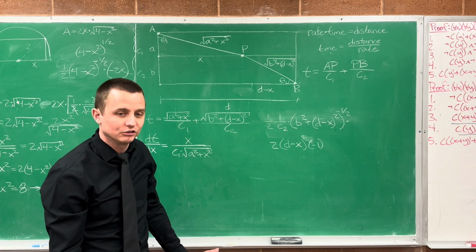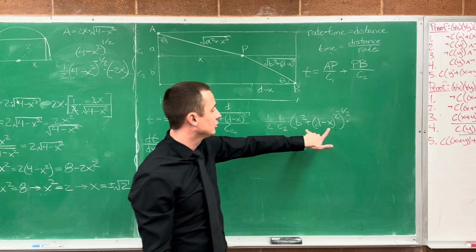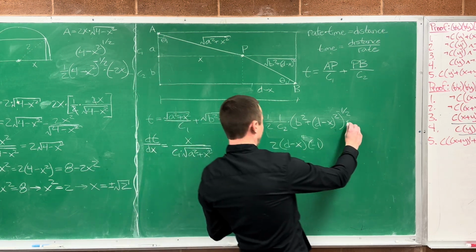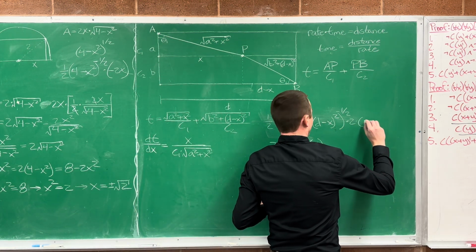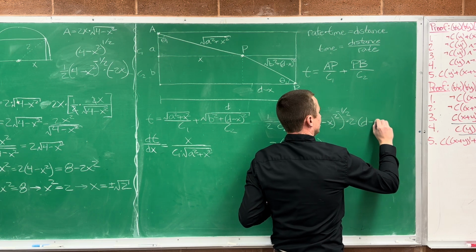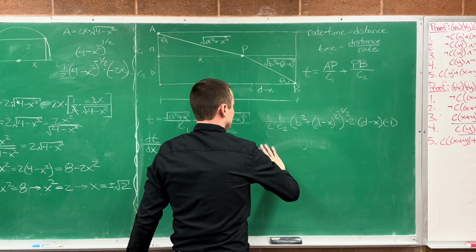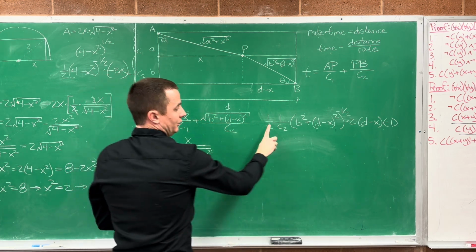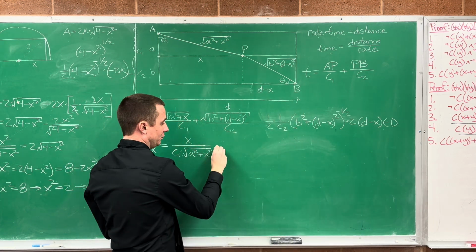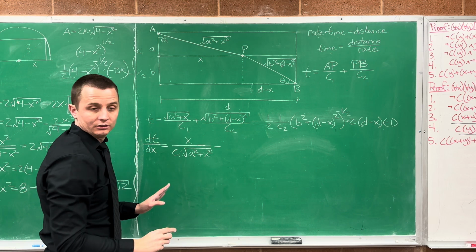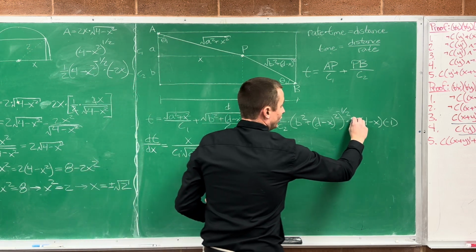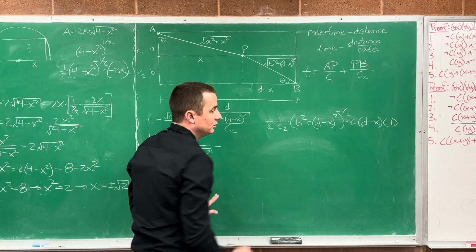Don't be too quick to assume you know the derivative of something. So that was the derivative of the inside of this. Multiply the whole thing by that: times 2 times (d minus x) times negative 1. This whole thing is going to be negative because of the negative 1, so I'm just going to put the minus there. This 2 is going to cancel out with that 2.